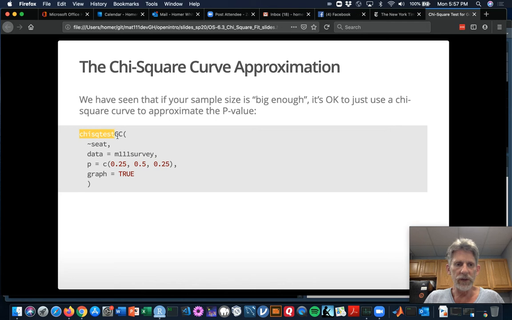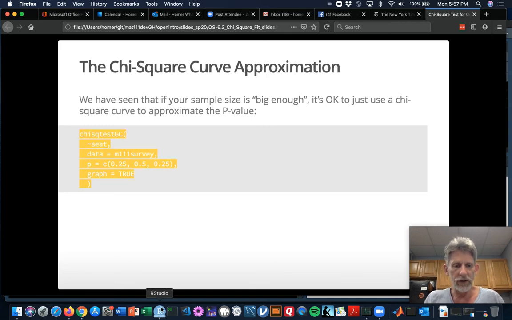Let's do chisqtestGC with the variable C, living in Math 111 survey, null hypothesis like it was before, graph is true. But this time it doesn't say simulate.p.value. We're going to actually use the chi-square curve with 5 degrees of freedom to get our p-value.